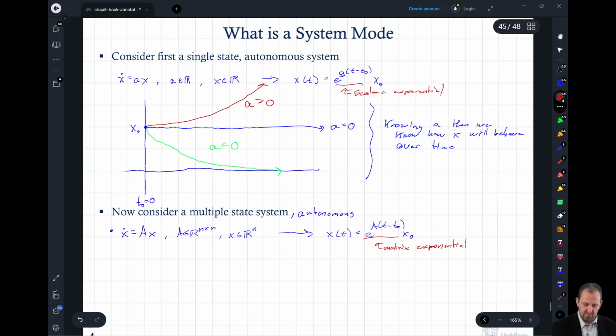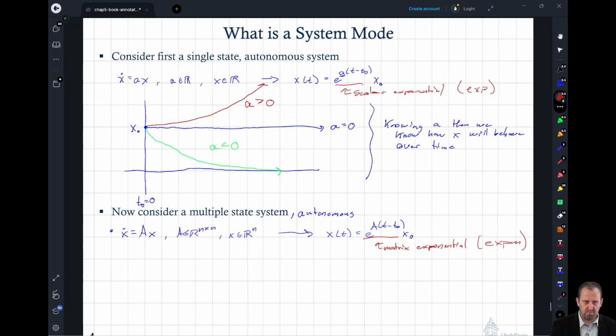If you were in, for example, MATLAB, this would be exp, and this would be expm. So they are different. They're defined very similarly, but you've got to be careful. Regardless, given A, we know how our system is going to behave.